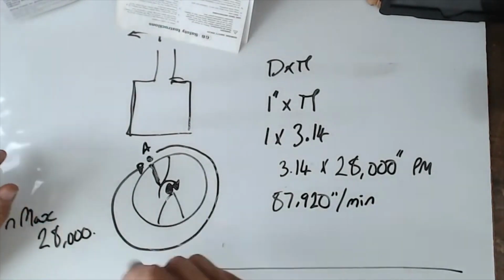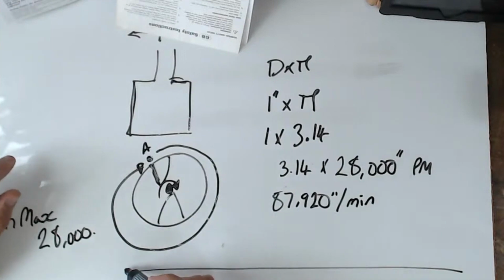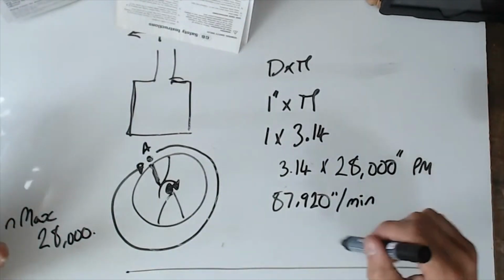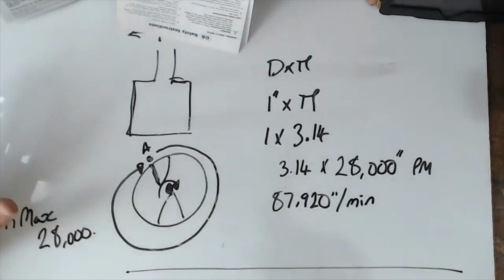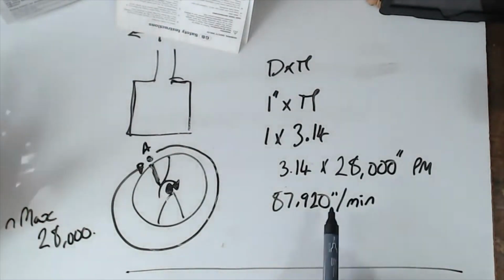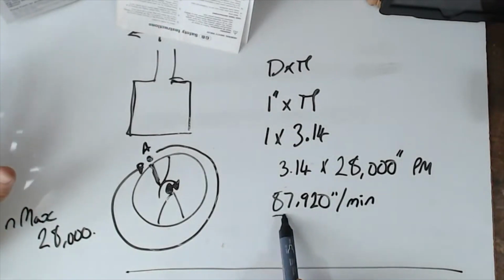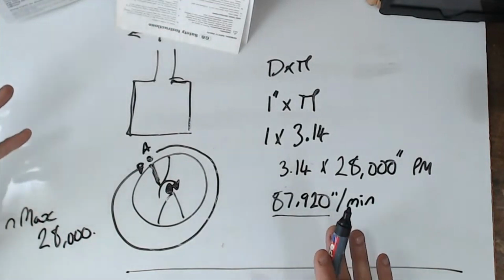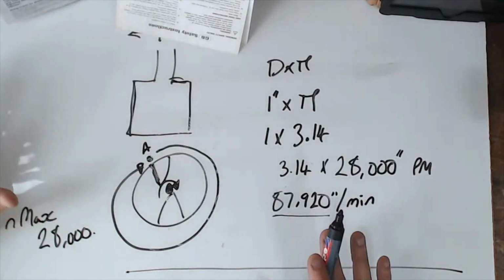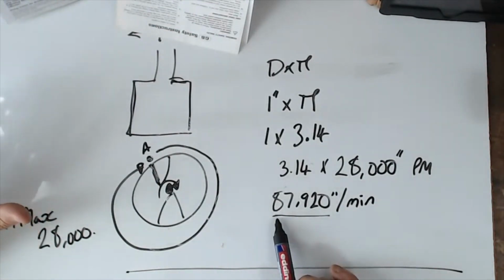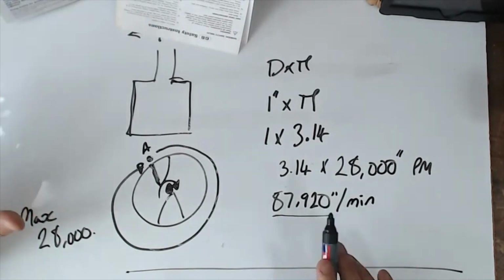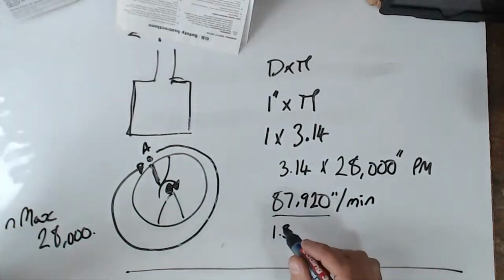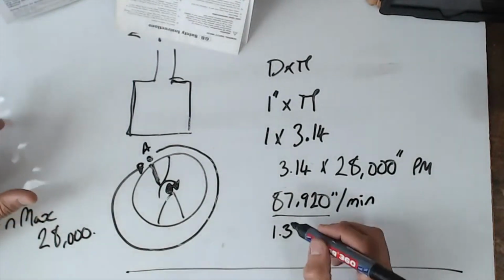If you stretch that spiral out into a straight line from start to finish, over 28,000 rotations, it would have travelled 87,920 inches. Because we know how many inches that is, we can convert it, because there are a set number of inches in every mile. If we convert 87,920 inches into miles, we get 1.3876 miles per minute, and I've rounded quite heavily on this.